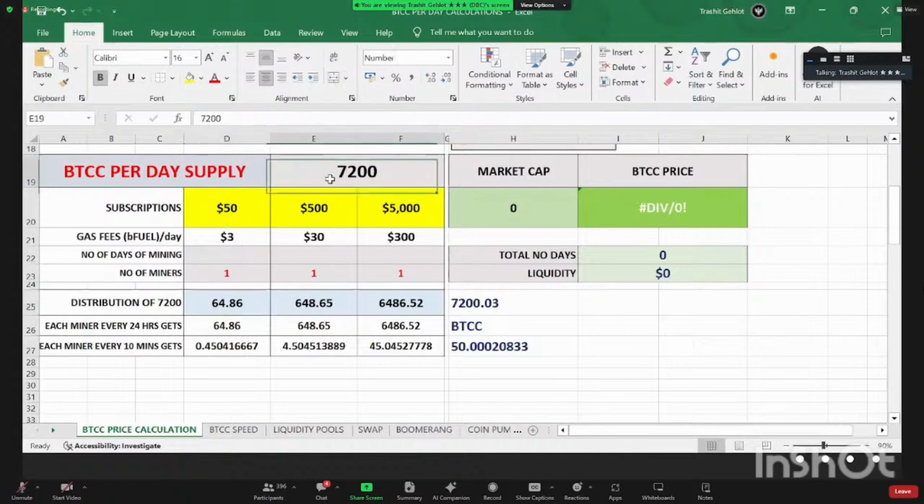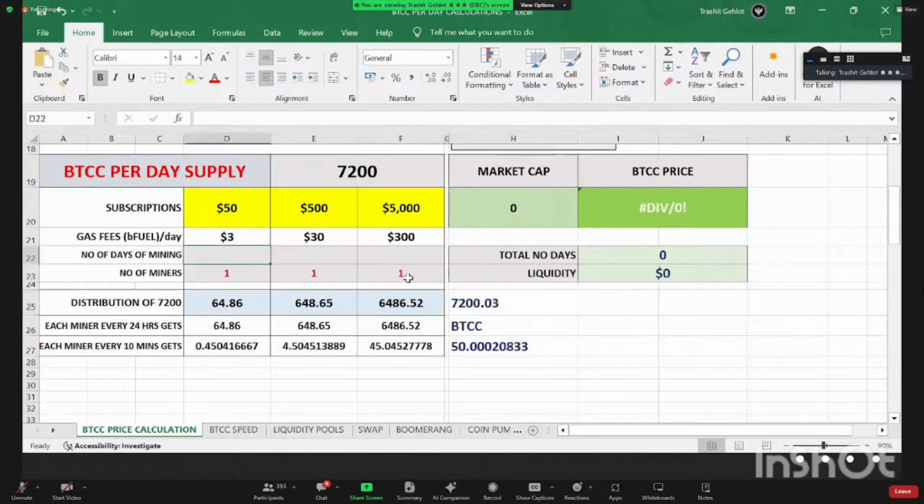If we distribute as per the hash power percentage, the $50 miner gets 64 BTCC, the $500 miner gets 648 BTCC, and the $5,000 miner claims 6,486. Why? Because the consumption of B fuel is different and the hash power is different. So a total of 7,200 is distributed amongst all the miners.